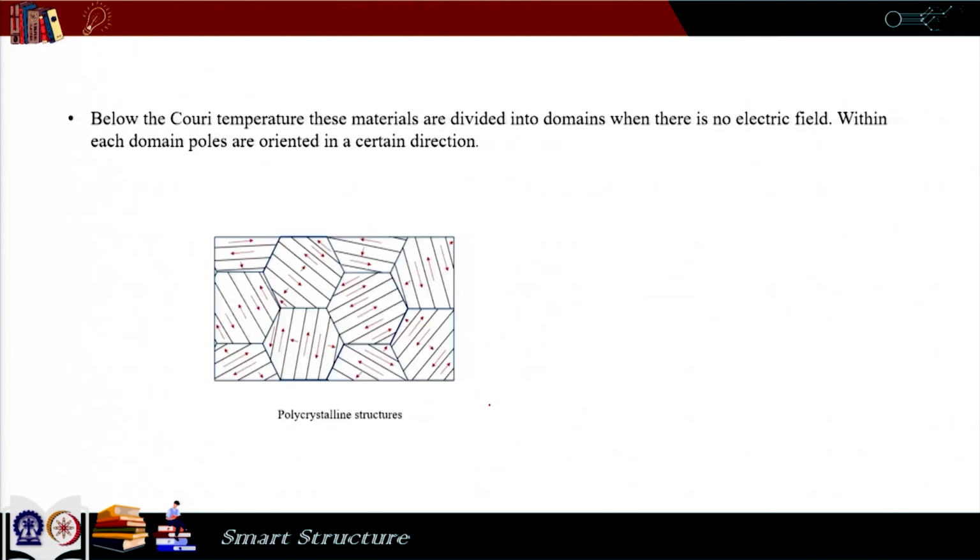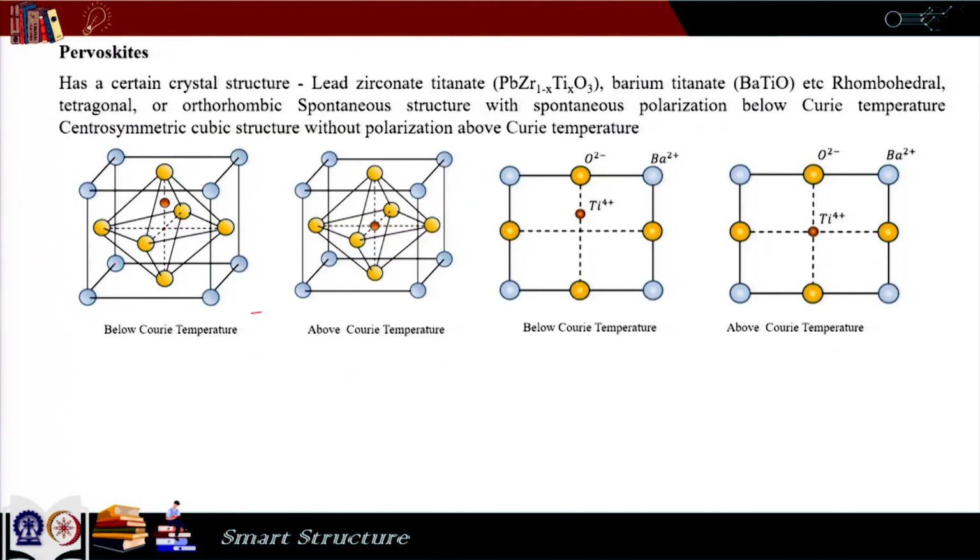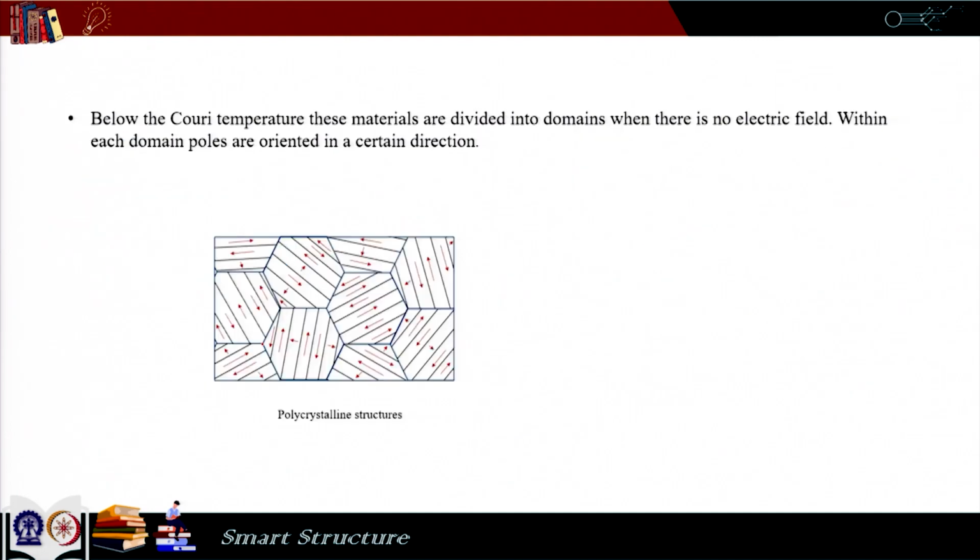Now, as we saw at the beginning, the polycrystalline materials have different domains, and within different domains the orientations can be different. We have seen that these perovskites have dipoles, and if we just go back, here the polarization direction is P, because it is going from negative to positive. Positive is up here, so negative to positive is the direction of polarization.